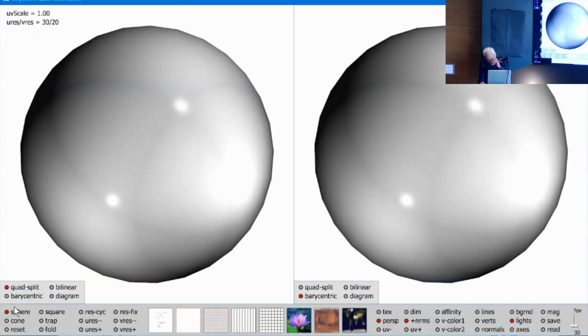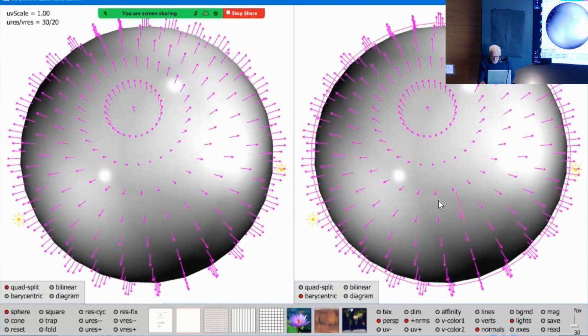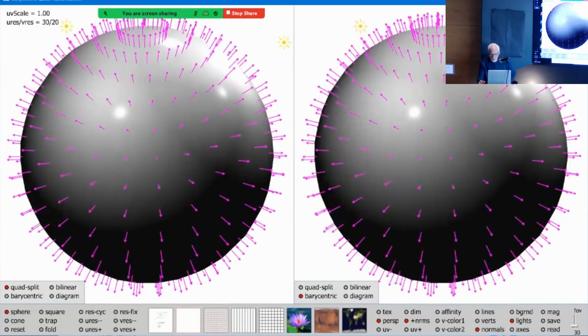Let me, just to be clear, turn on the display of the normals here. If I look, you can see at the poles the normals are all converging to straight up. On the left we're doing triangle rendering, quad split.